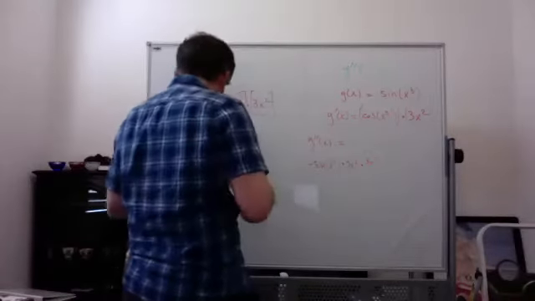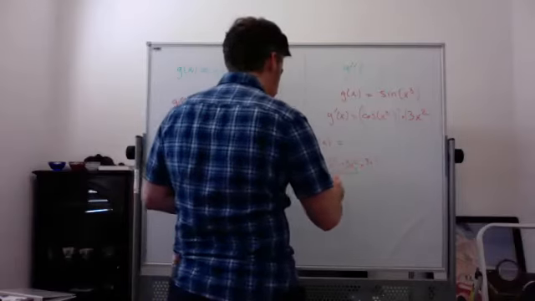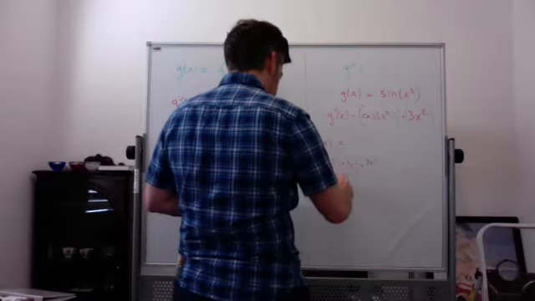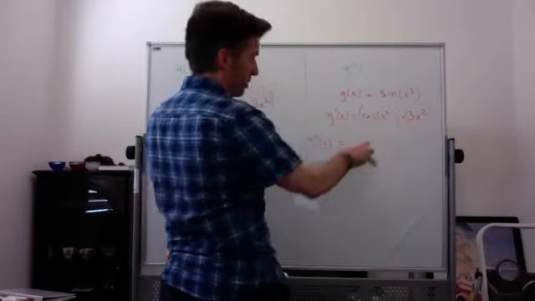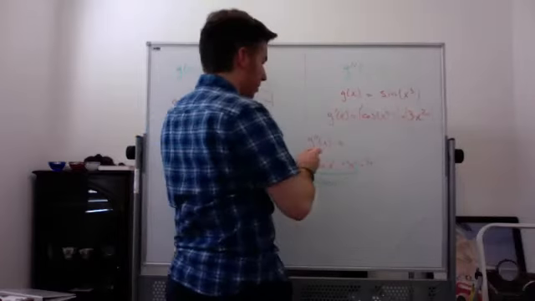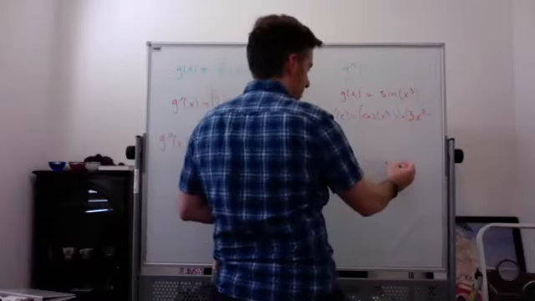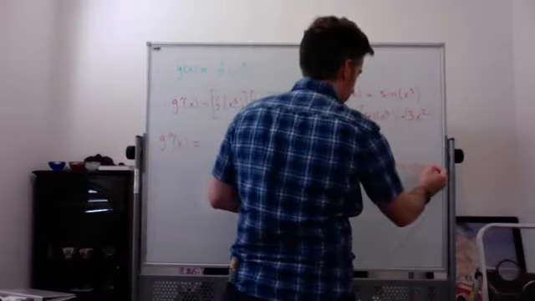Let me point out that this part right here is the derivative of cosine of x cubed, and this part here is just that part. So it's the derivative of this times that, plus, then we do it the other way around. You get the derivative of this, which is 6x, times, you leave this alone, cosine of x cubed.